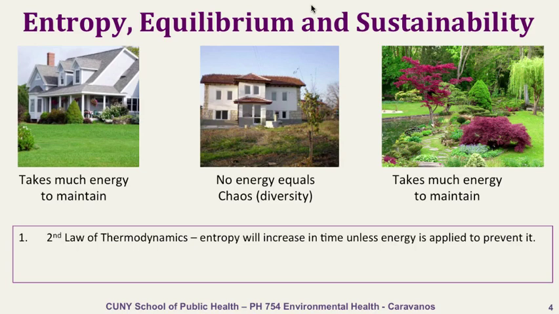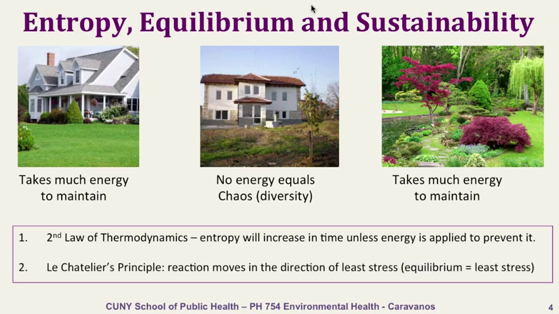Now, the second principle here is Le Chatelier's principle. And I like this, being a chemist, because it talks about chemical reactions. If you put a stress on one part of a chemical reaction, it moves in the other direction. Essentially it says a reaction moves in the direction of least stress.